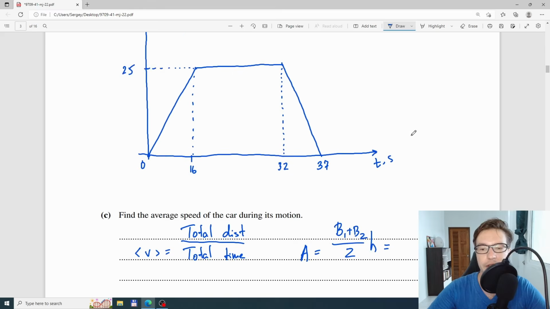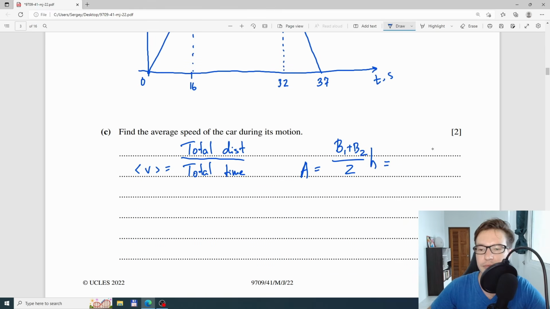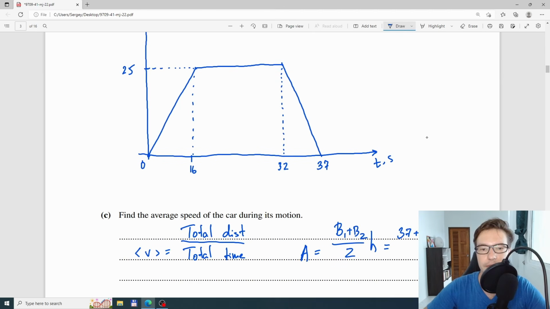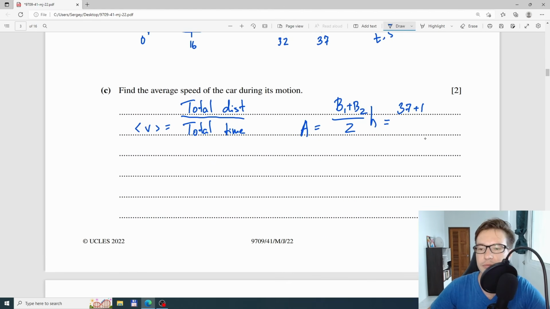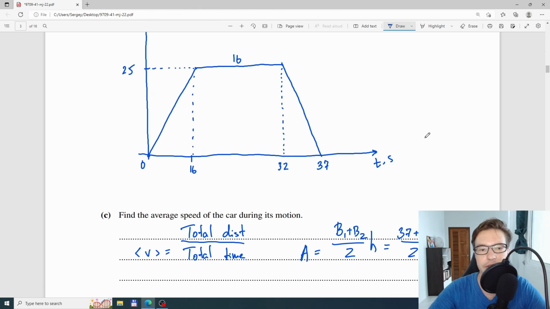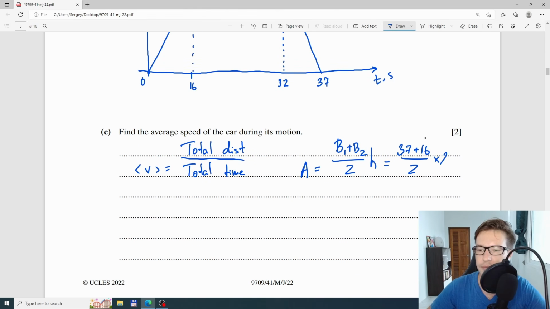Base 1 is 37. Base 2 is 16. Divided by 2, and the height of this trapezium is 25. That gives us 662.5.